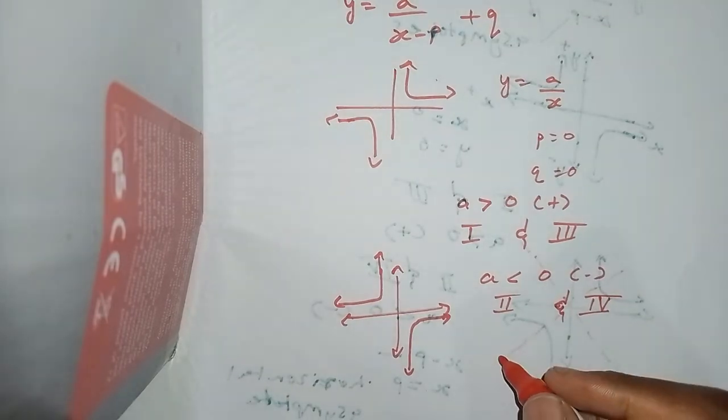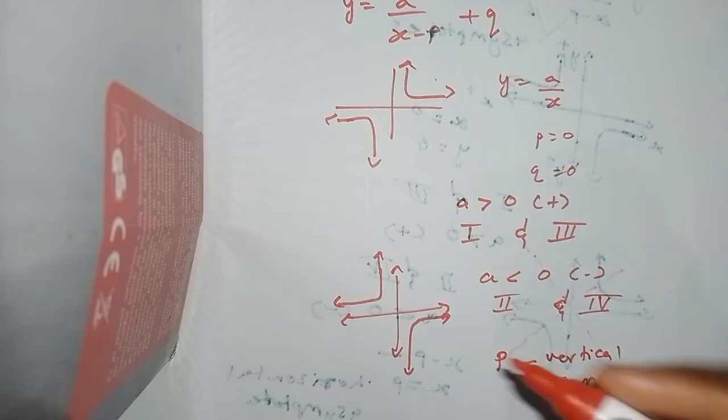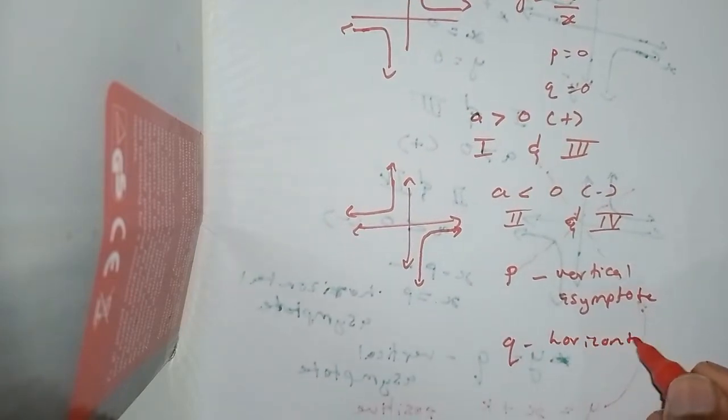Now, p in this case represents my vertical asymptote, this line. That is p. Then q represents my horizontal asymptote.